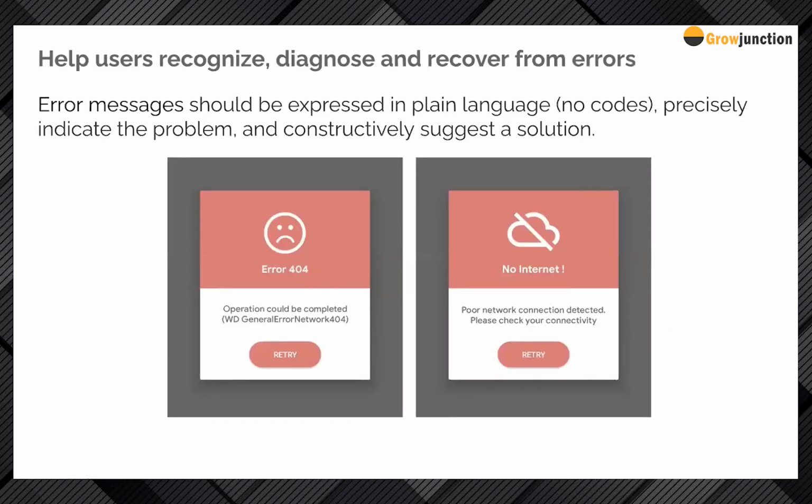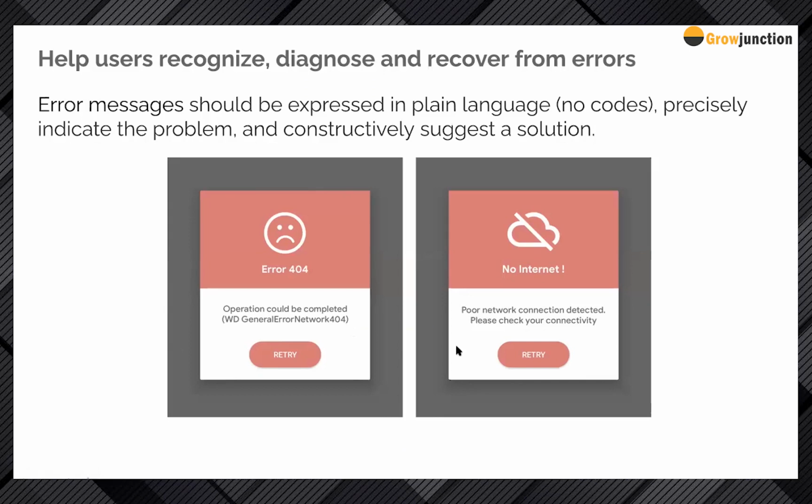Next, let's say a customer did something due to which there is an error in his user journey. It can be due to our fault, where our servers are down, or it can be due to something the customer has done, or let's say the internet is down. Then the error message should be very understandable to the user. By reading the error message, they should be able to diagnose the problem and solve it by themselves.